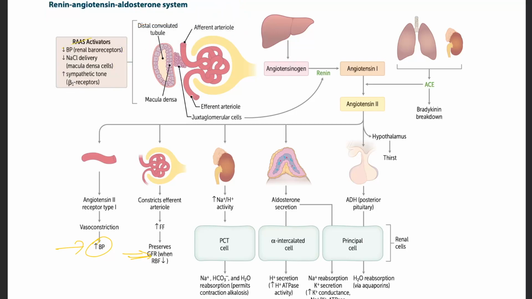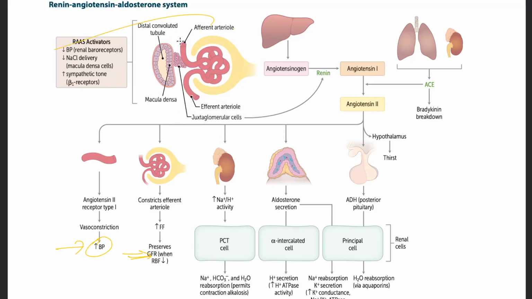So we have the macula densa right there, and we have the JG cells, juxtaglomerular cells, present in between the afferent arteriole and DCT. And these are specialized cells.